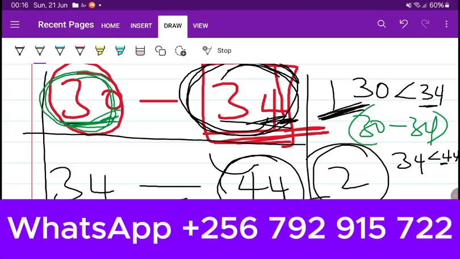This 30 is the smallest value that could go in this class of 30 to 34, but this 34 is the highest in this class.